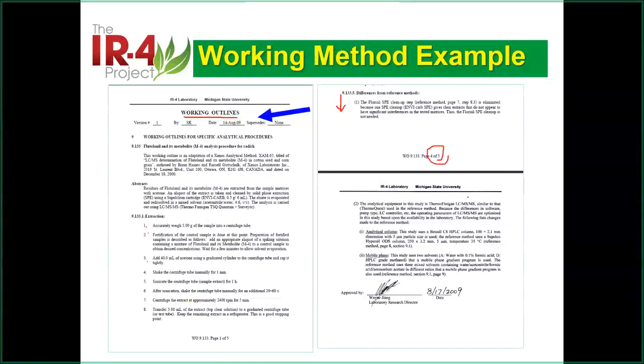That's okay. So at the very end of the working method, we put where the change is. Okay, this is the change. We change the column. The column is different. Their column is bigger, my column is smaller because it's more efficient there. And also we change the mobile phase. Is this big or small?